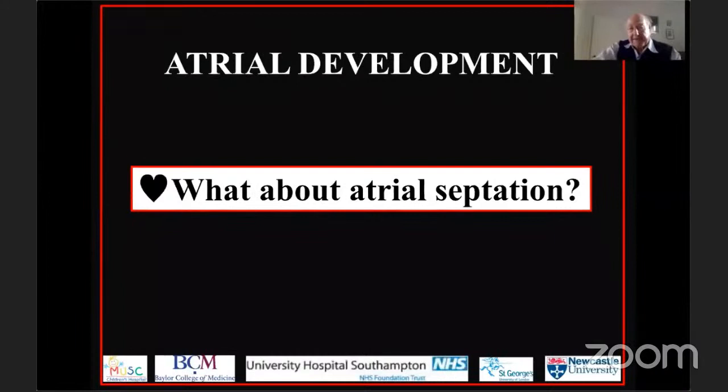So now that has set the scene for the understanding of atrial septation. We've shifted the systemic venous sinus to the right. We've seen the pulmonary veins canalizing in that strand and initially entering into the left atrium adjacent to the atrioventricular junction, but then migrating to reach the atrial roof.